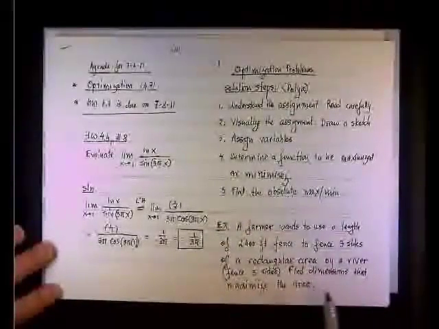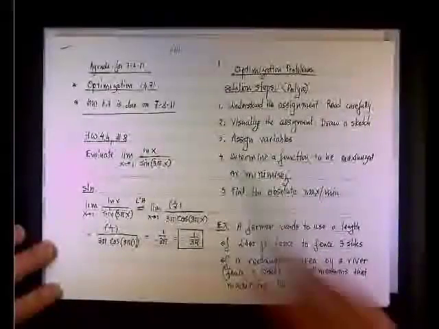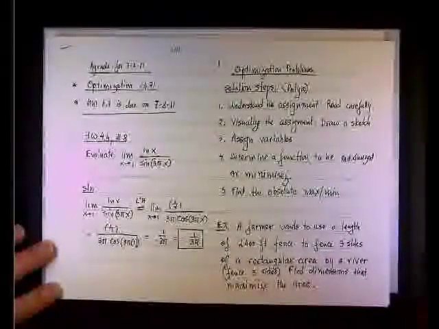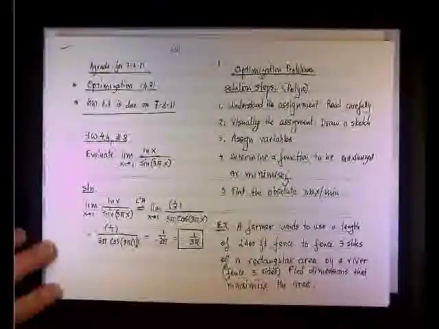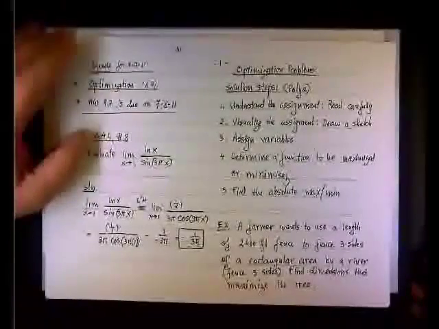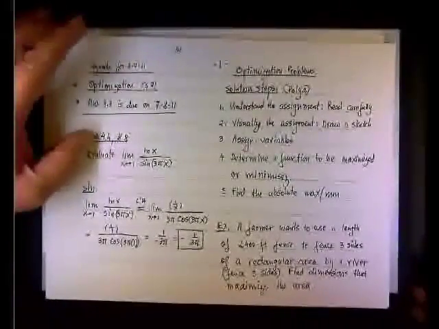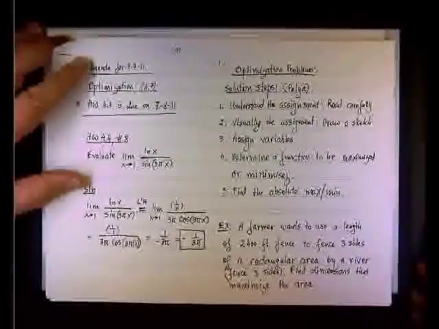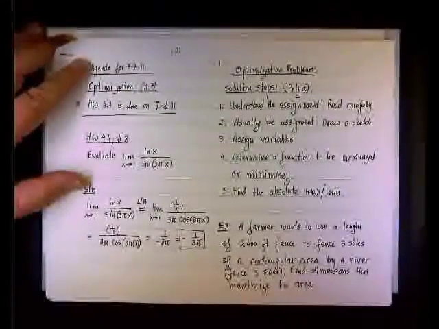The last two steps are particular to optimization, but the first three are true in general. First thing, we need to fully understand the assignment, and to do so, we need to read it very carefully or listen very carefully. And then the next step is we need to visualize the assignment. This is if it's applicable.